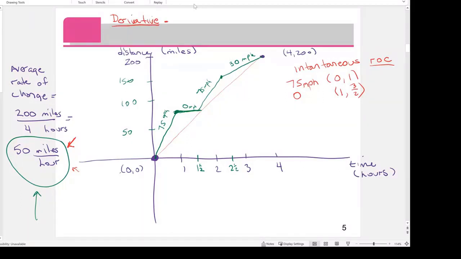The derivative would be the change in y over the change in x. And we can see that that is going to be velocity. Miles per hour is velocity, or speed. Velocity can be both positive and negative, but speed is always positive.